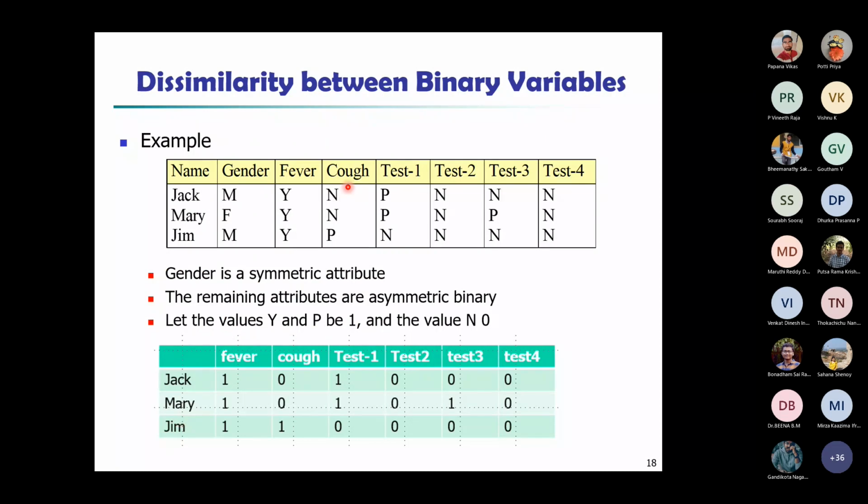Now there is an example where different attributes are given, and assume that we are considering only the asymmetric binary attributes. So all the attributes other than gender are asymmetric binary. We have followed certain ways of putting the numbers like 1 and 0, and we have formed the matrix.